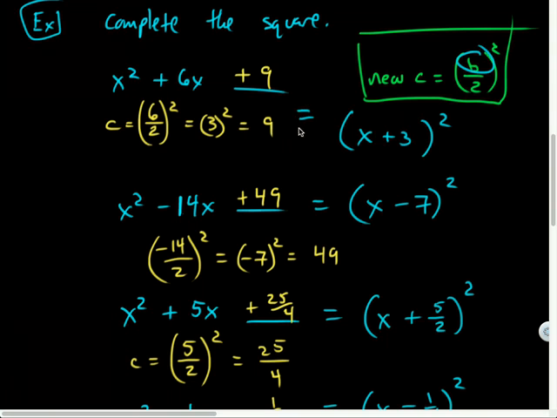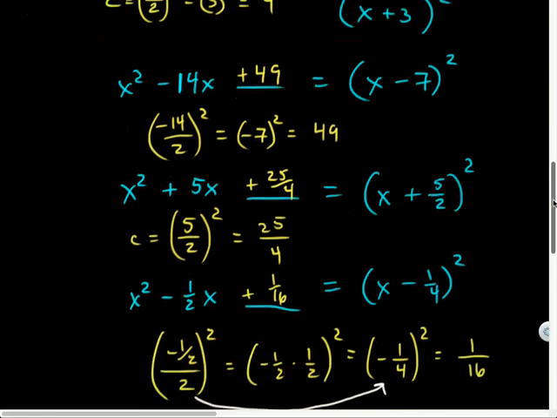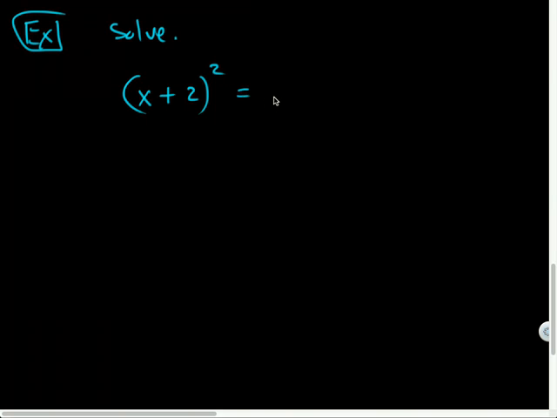So that's the idea of completing the square. That's step 1. So how am I going to use this when solving? Check this out, friends. Let's do a solve problem. Solve the following. What if I've got x plus 2 in parentheses all squared equals, I don't know, 9?